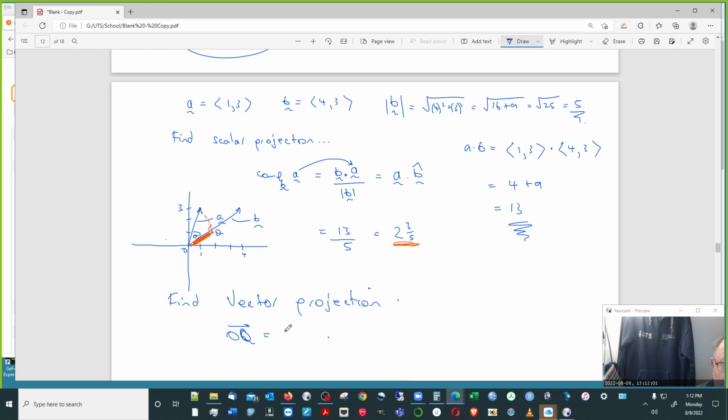Now we've got this number here, 13/5, and so we've got to do that with the B. So we've got to find the B hat, which is B divided by its magnitude, the unit vector of B, which we didn't do separately and independently, it was just caught up in this calculation.